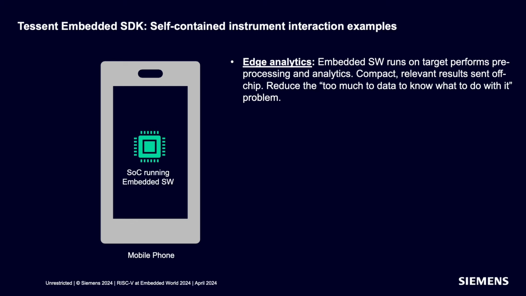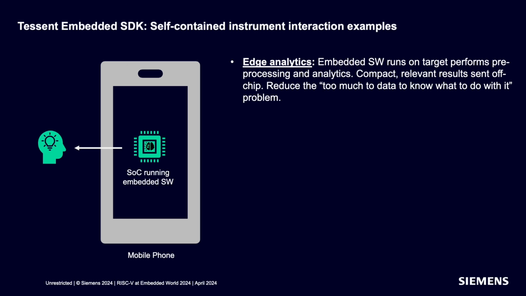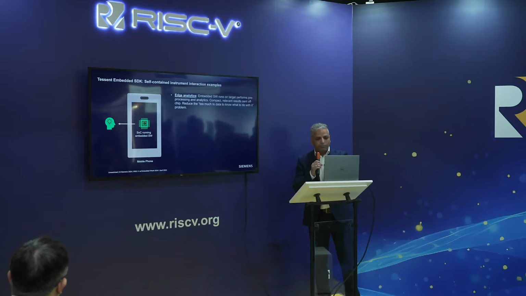You are doing pre-processing and analytics on the data provided by these monitors, and you are only sending the relevant data off chip if that is required for your application. So this is one example where the combination of smart monitors and embedded software can help you to create an edge analytics application.